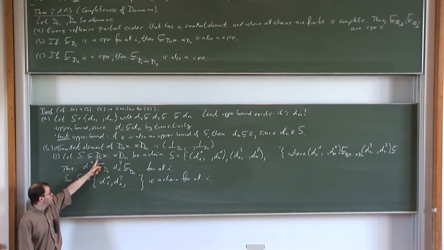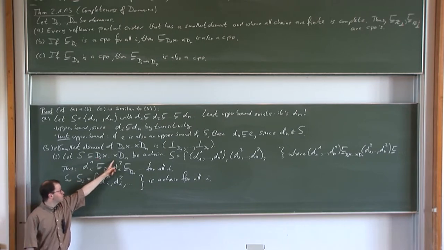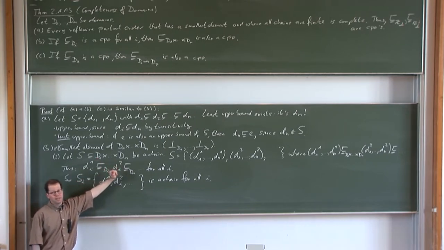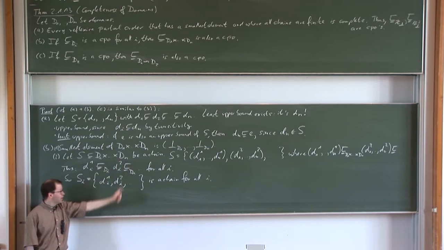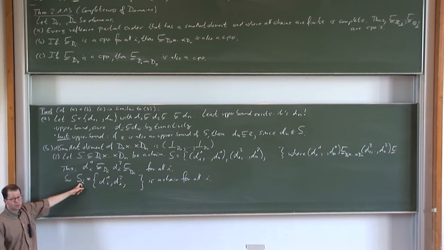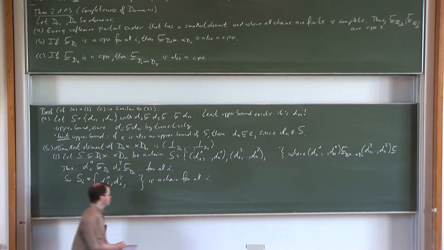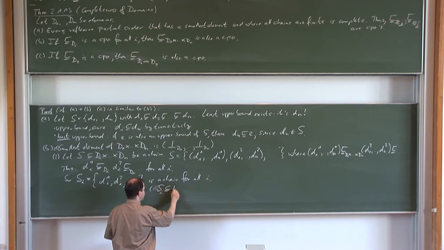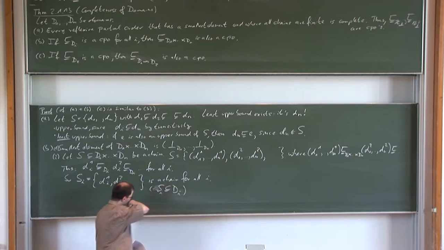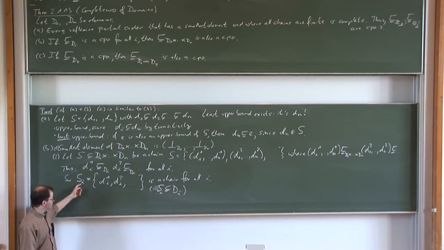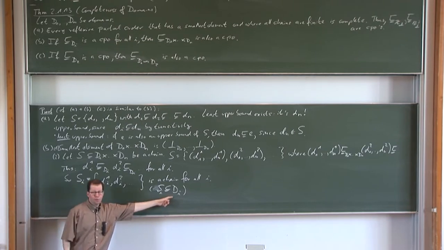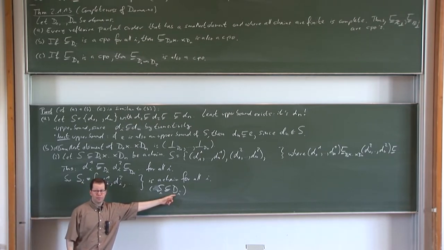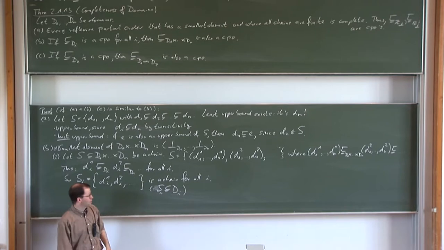So if we have a chain of elements from D1, then there exists the least upper bound. If we have a chain of elements from Dn, again, there exists the least upper bound. Now, this is a chain of elements from Di. So this Si is a subset of Di. So this is a chain of elements from Di, and we know that less defined or equal is complete here. That's the prerequisite of the theorem.